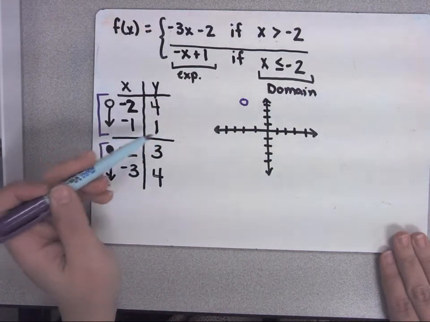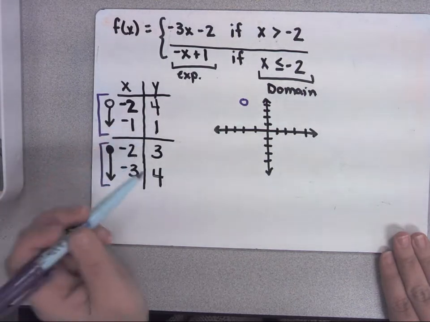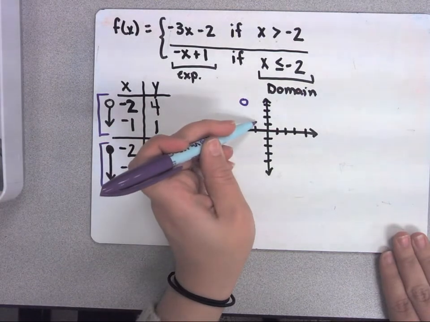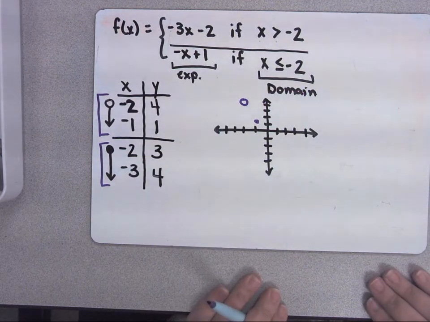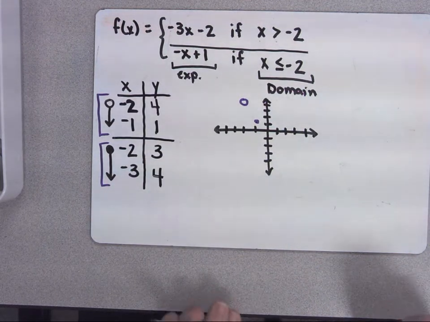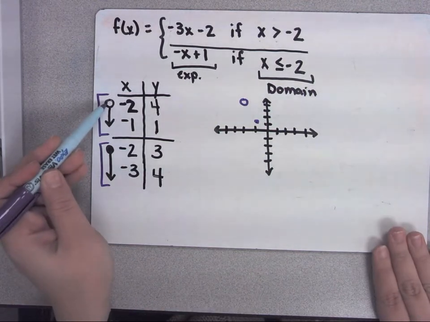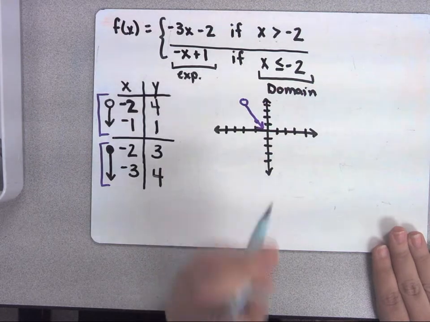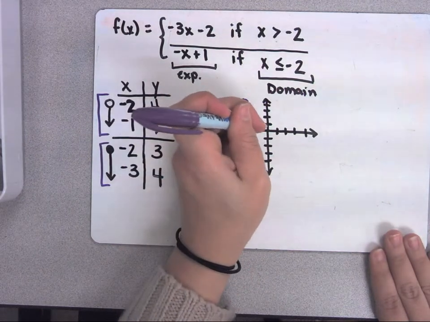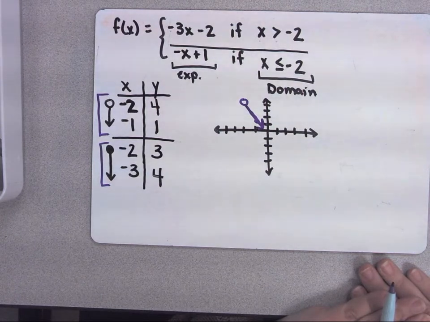So we're going to make a regular dot when we plot the second one that has arrow. -1, 1. That's a regular dot. So you have 2 points for that thing. When you finish the picture, you have to go from the open circle towards the second one and draw an arrow, saying it's going that way. Until I see my other picture, I don't want to extend it because I don't want to mess it up.